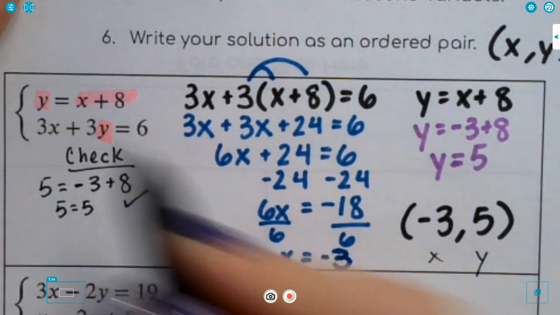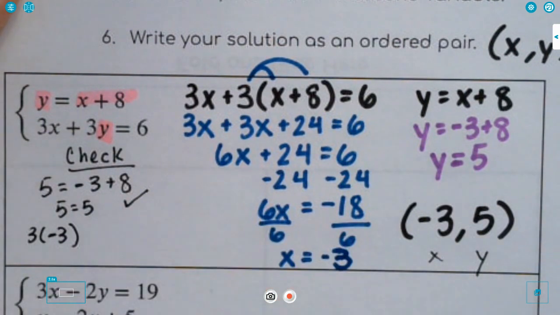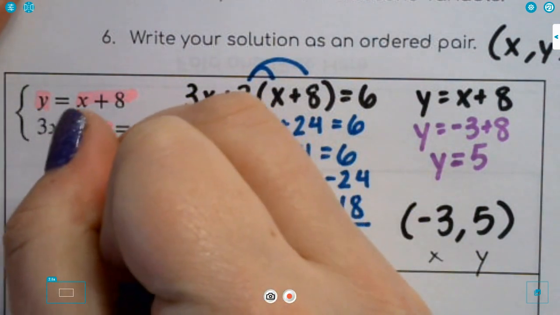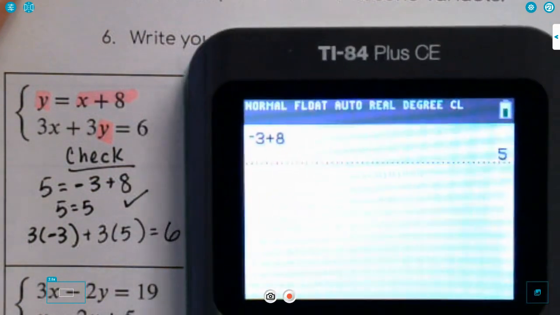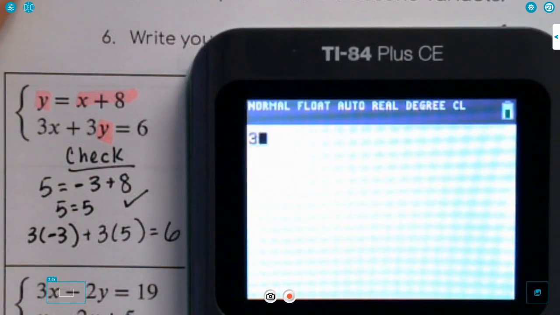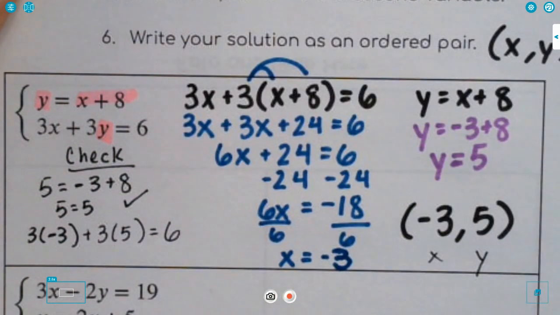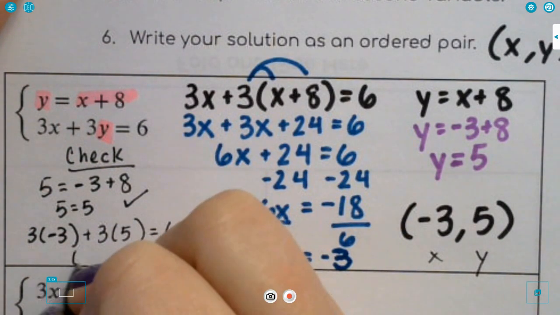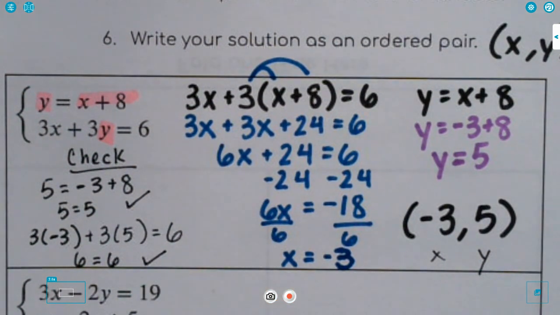So that would be 3x, so that would be 3 times negative 3, plus 3y would be 3 times 5, and that would need to equal 6. So it would be 3 times negative 3 plus 3 times 5 would need to equal 6, and it does. So just wanted to show you guys that if you are ever unsure about your solution, you can plug in both your x and y and check them both.